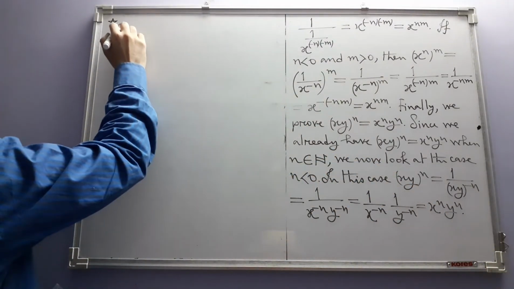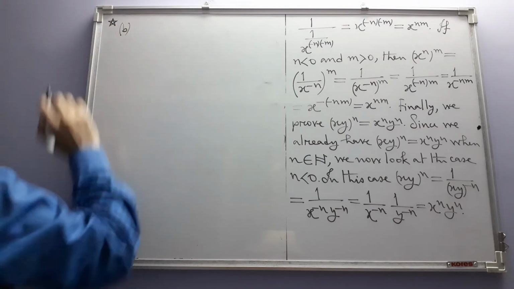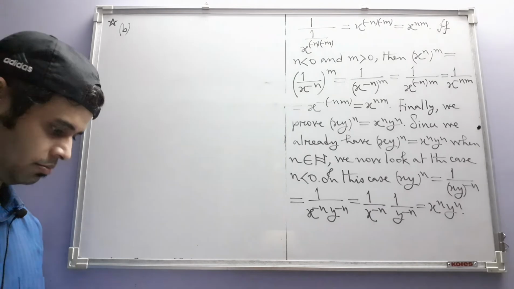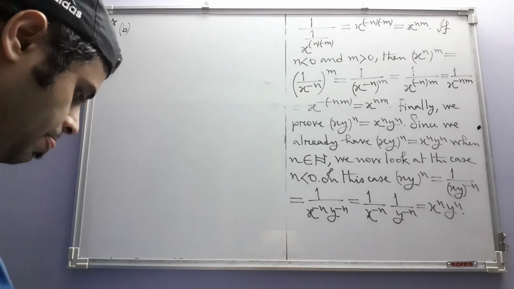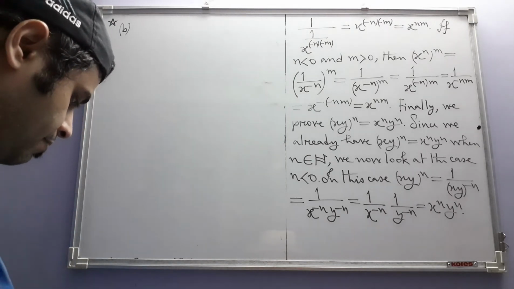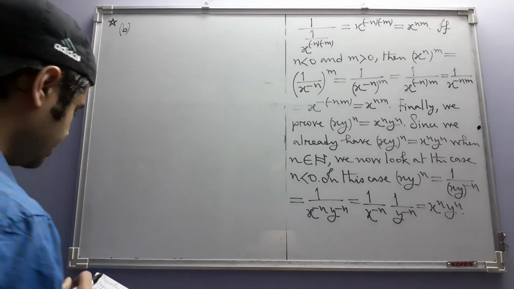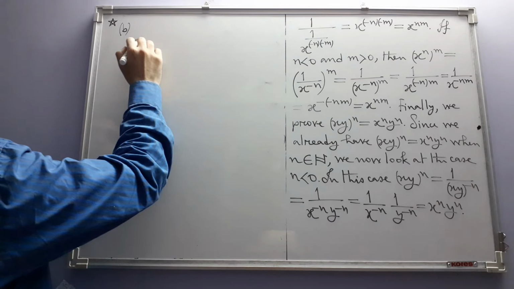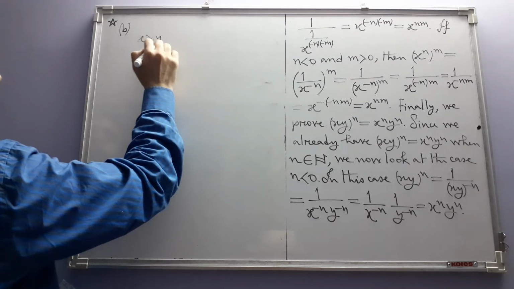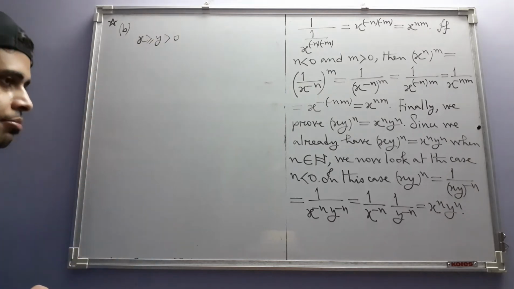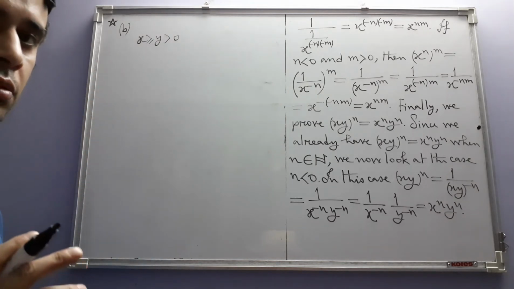Then part B. In part B, it is given that x is greater than or equal to y and y is greater than 0. Now our rational numbers x and y are non-zero.